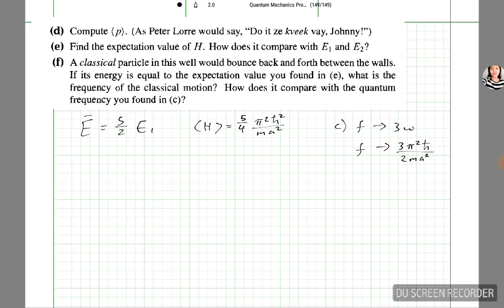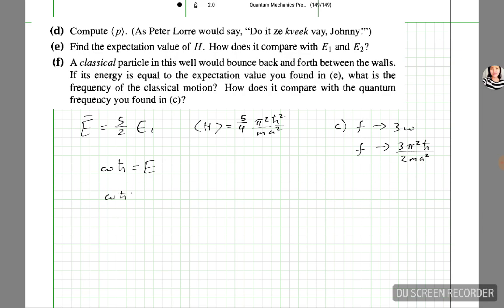Okay, so not entirely sure what he means. I guess if it were bouncing back and forth, what would we expect the frequency to be? So I would just take a simple idea of frequency times h bar equals energy.